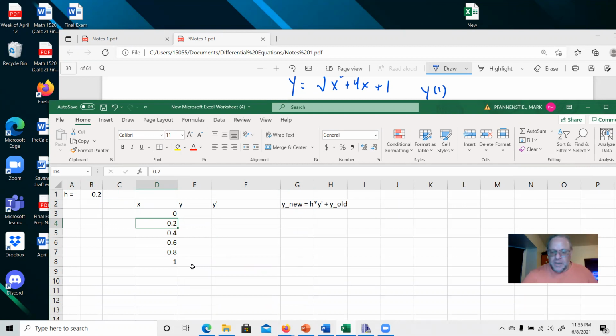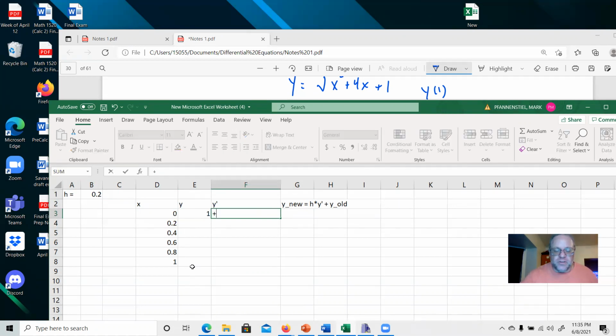Okay. My Y value, I have a start, right? And this is going to be X plus 2. So we want X, put the cell in there, plus 2, that doesn't change, divided by, put the cell in for the Y. Okay. That should be good.